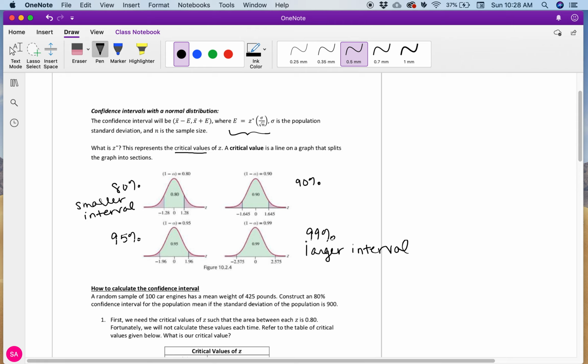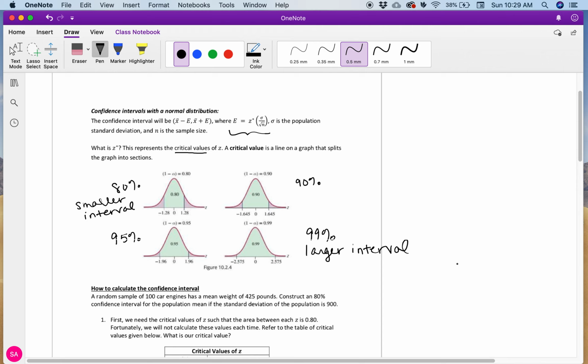With a 99% confidence interval, it's a bigger interval. There are a lot more values. So it is more likely that we will capture the population mean in one of those intervals. Whereas the smaller the interval, the less likely it is that we are going to capture that population mean.